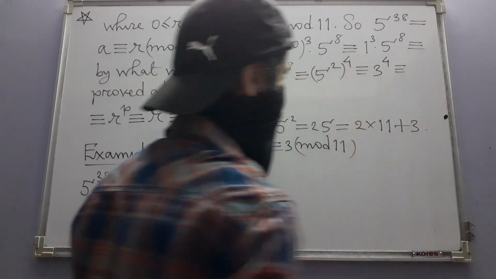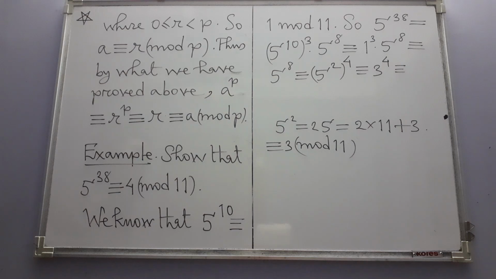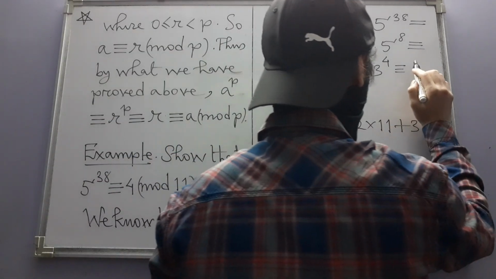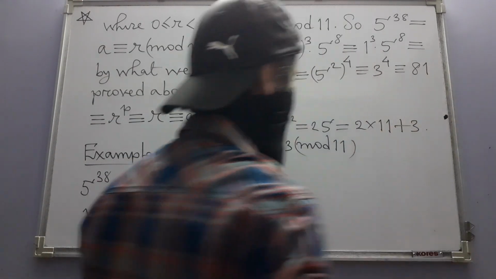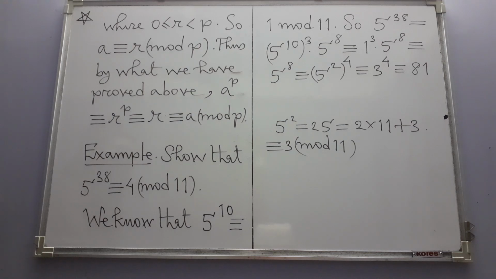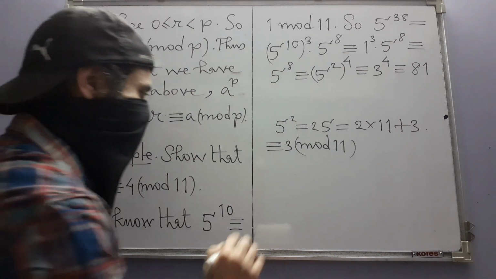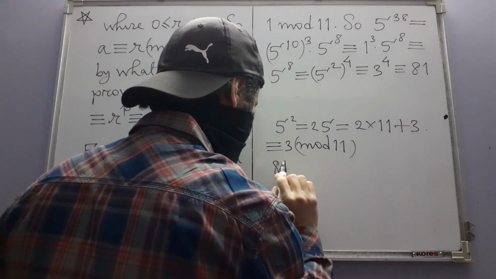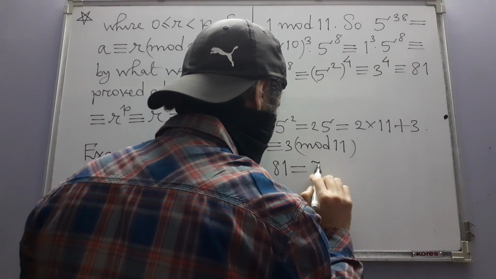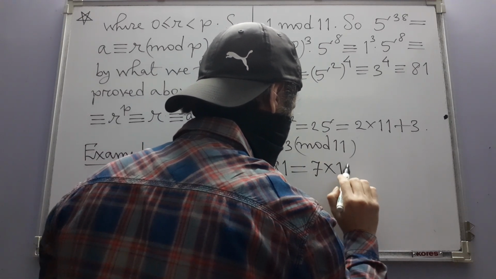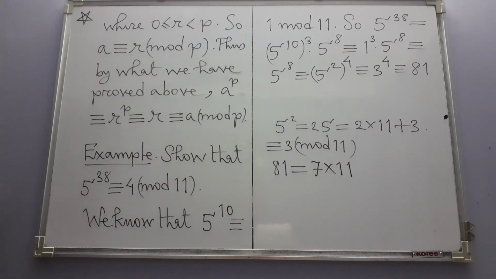So this of course can be calculated quite easily, and this equals 81. Now if you divide 81 by 11, what do you get? Of course you can go till 7 times 11.